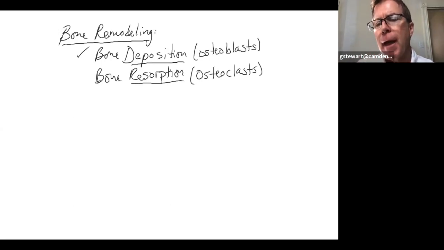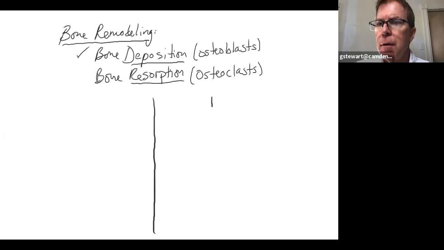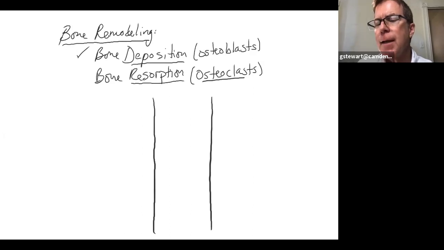Bone resorption, I'm going to explain really quickly how that occurs. Here's the edge of a bone. I'm not even going to draw the medullary cavity just to save time. Osteoclasts tend to patrol the surfaces of our bones, and they attach themselves to a bone surface. I'm going to exaggerate that because they're obviously not quite this big, but let's exaggerate this cell.